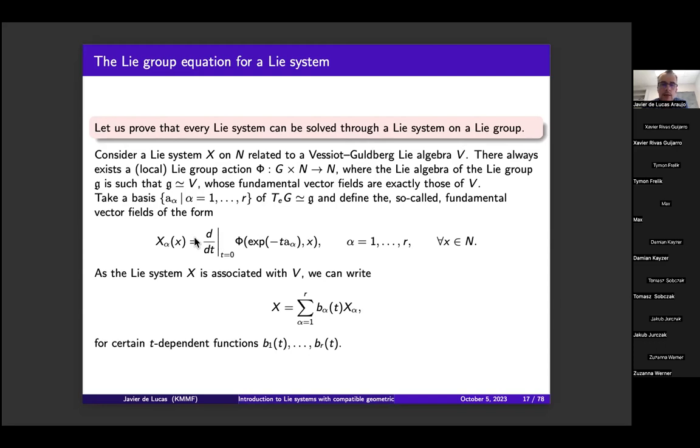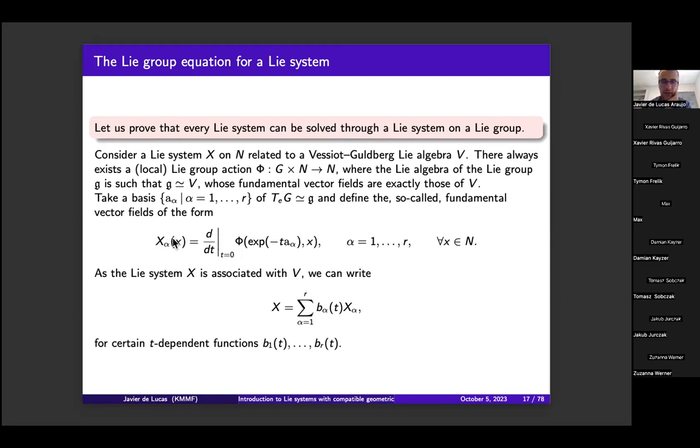So you see that by construction, these fundamental vector fields are tangent to the orbits of the Lie group action, because when you pick a point x, what you are doing by taking the action of the exponential is to take the action of the one-parameter subgroup of G on x. And so you are taking one direction inside the orbit of the group G passing through x.